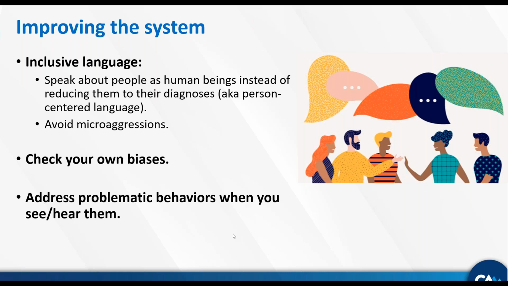What we hear a lot is, if there are certain diagnoses that are stigmatized, for example addiction or mental illness, we often hear that person is a schizophrenic, or that person is an addict. What's happening in that language is that we're defining that person completely by a diagnosis.